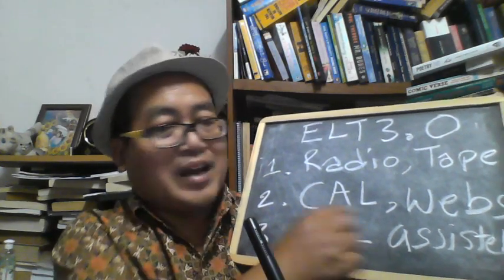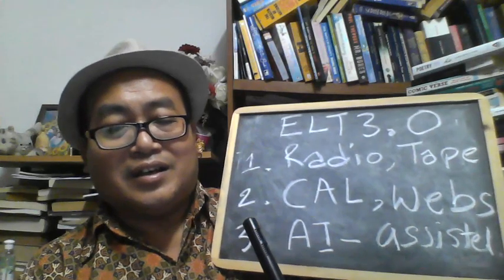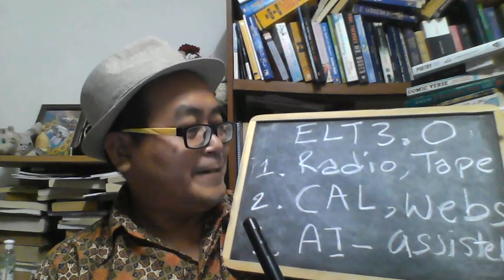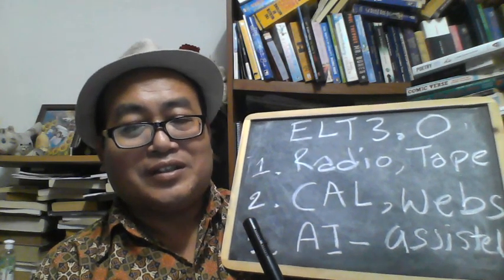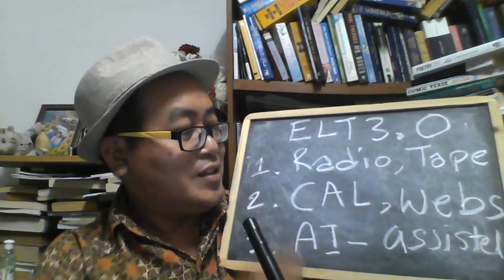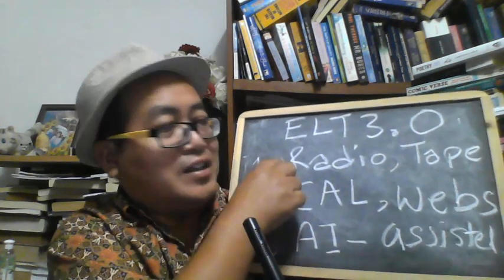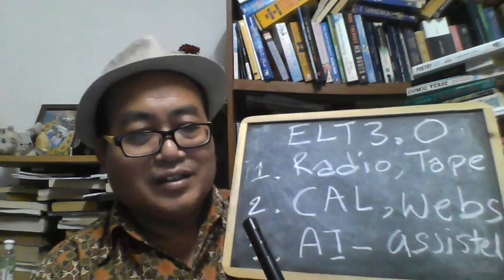We have the websites, and we can actually read newspapers on the internet. We can do many things. We can send emails, and this is the beginning of the digital era. This is the analog era. This is the digital era.